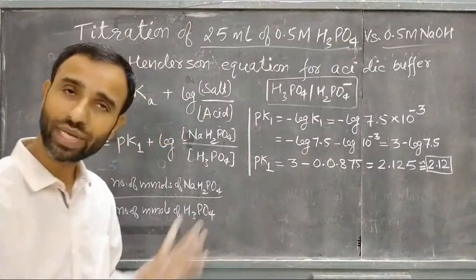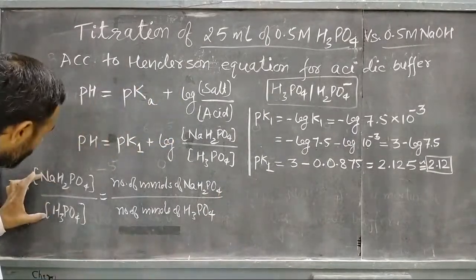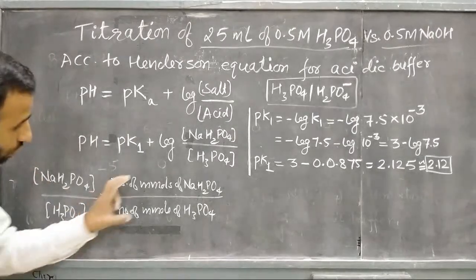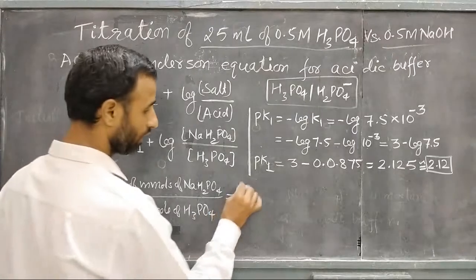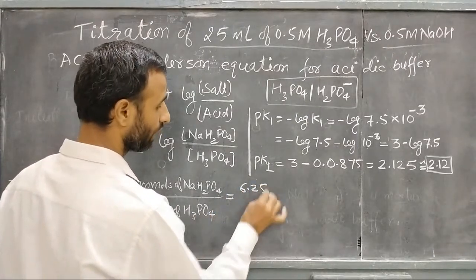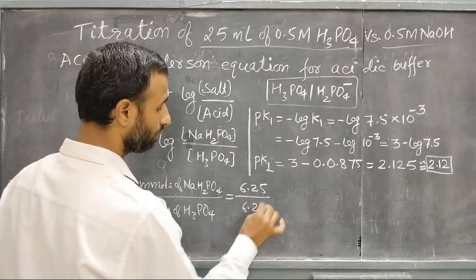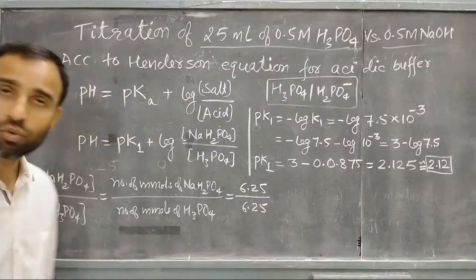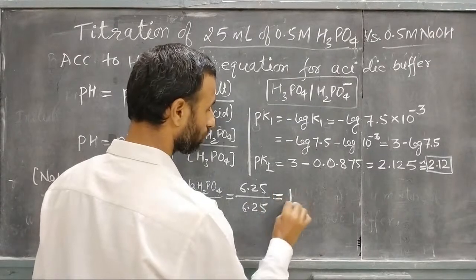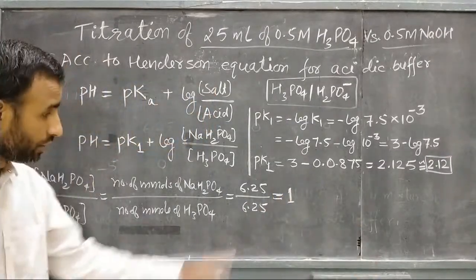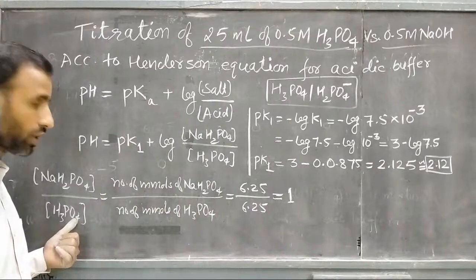So the volume cancels. That means the ratio of the concentrations equals the ratio of their millimoles. So what are the millimoles? 6.25, and the acid millimoles are also 6.25. So they cancel out, and the ratio comes out to be 1.